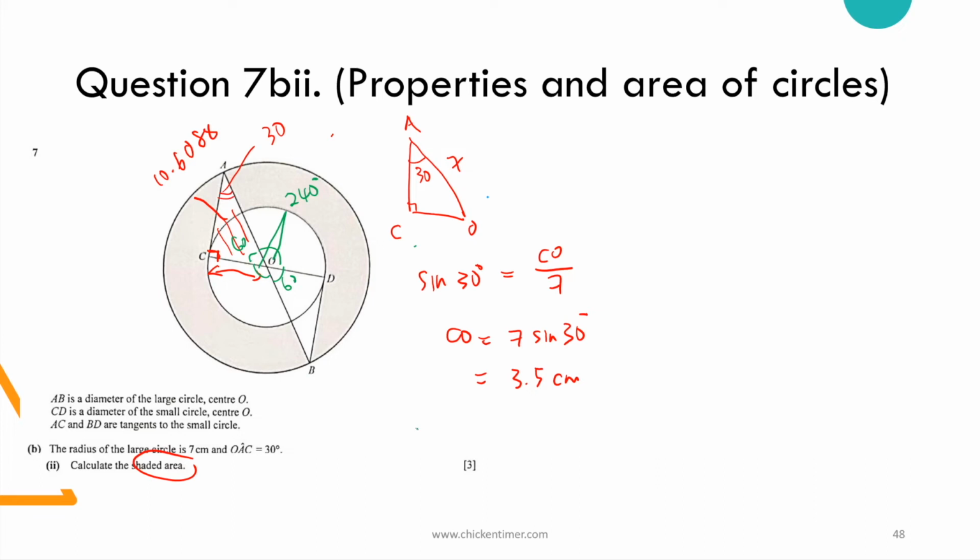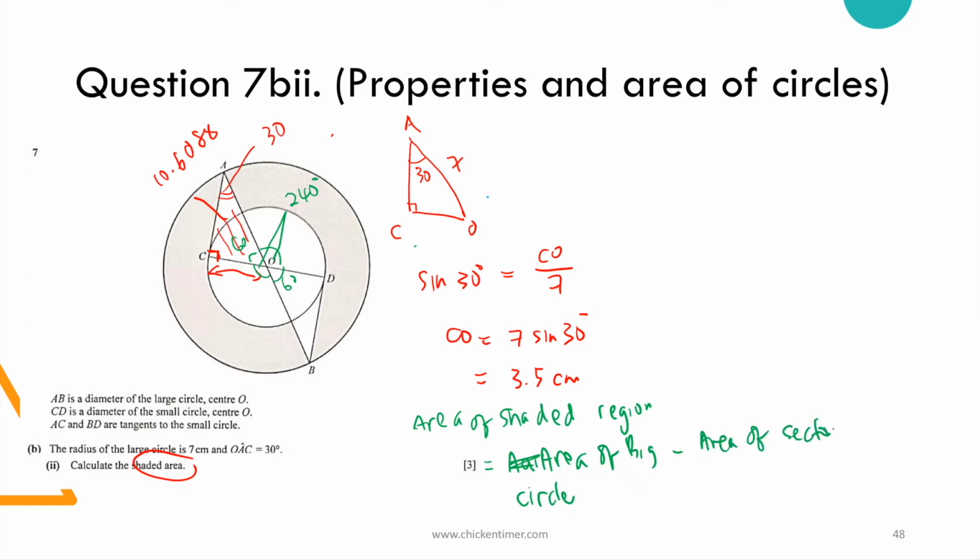So area of shaded region will be area of big circle minus area of sector, smaller sector, minus area of two triangles.